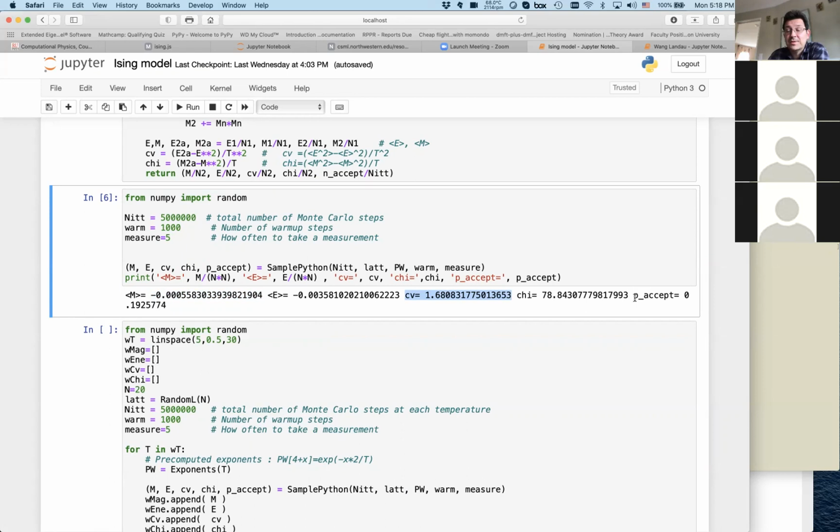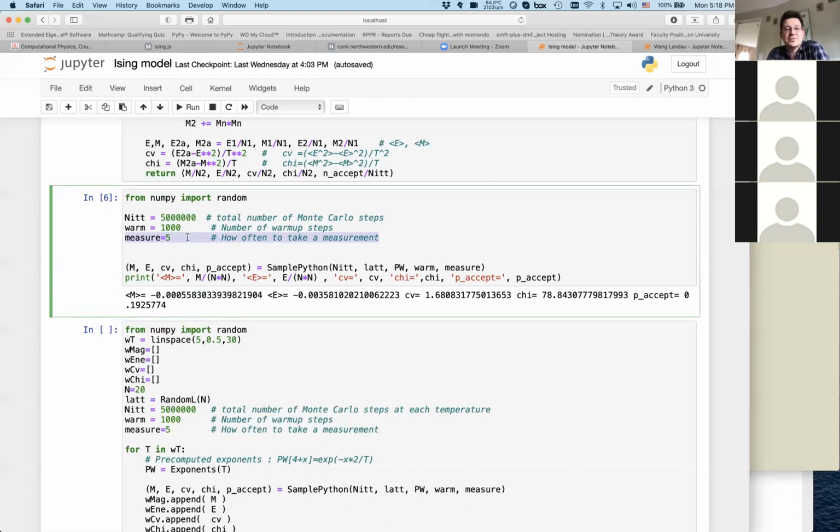But the important point I wanted to show you here is that the acceptance step is of the order of 20%. Therefore, since the acceptance is of the order of 20%, the measurement should be of the order of 5. So basically, it's a good idea to measure only after every 5th step. That's the reason why I use measure is 5. There is no point in measuring every step.